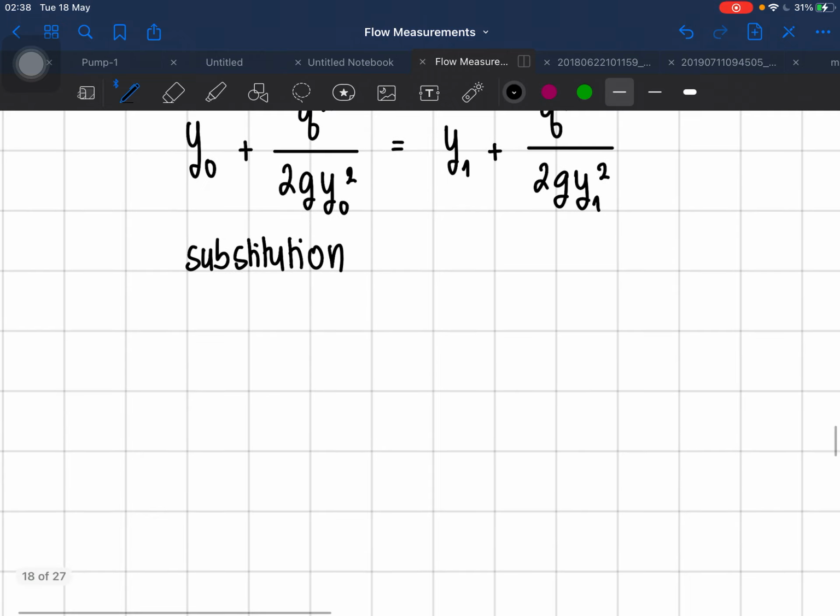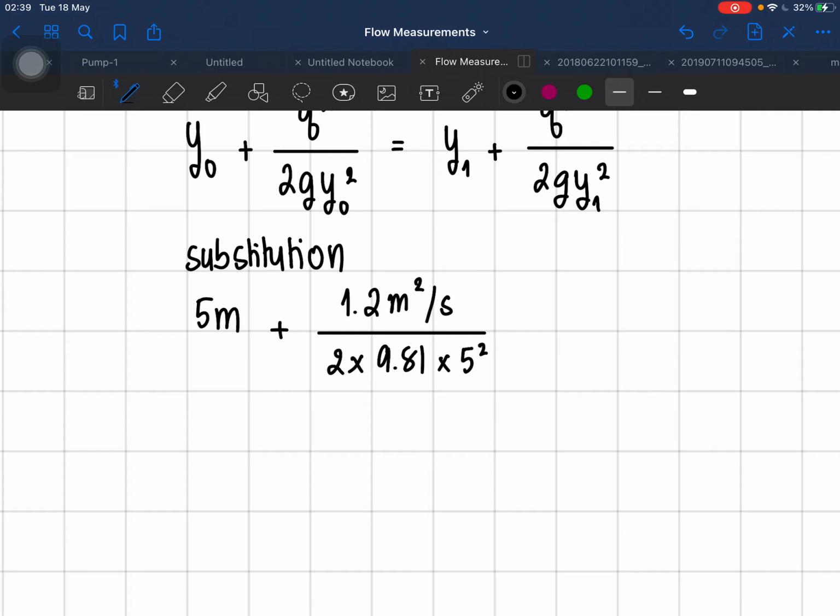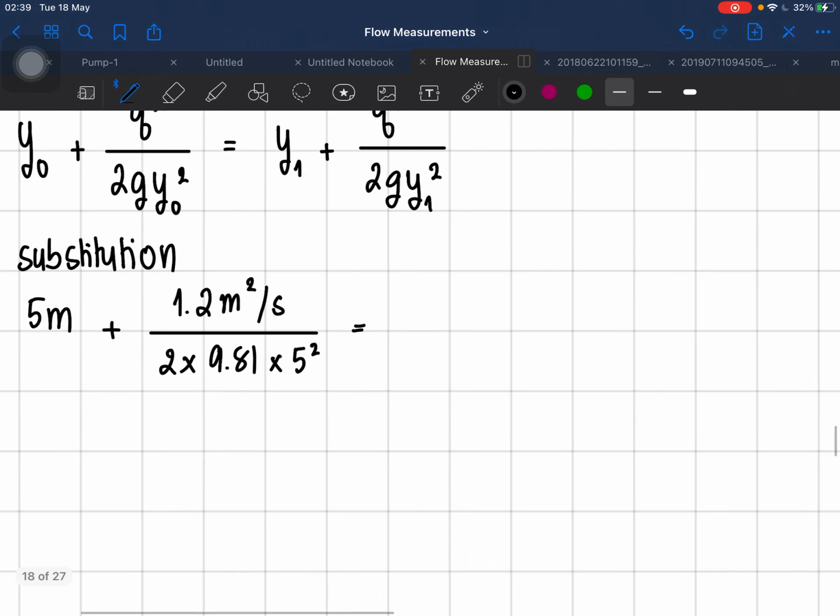So then we have 5 meters plus 1.2 meter cube per second, and actually it's squared, right? And then we have 2 times... you know all the units for this one, right? I don't need to write the unit again. I don't have space to write the unit anyway.